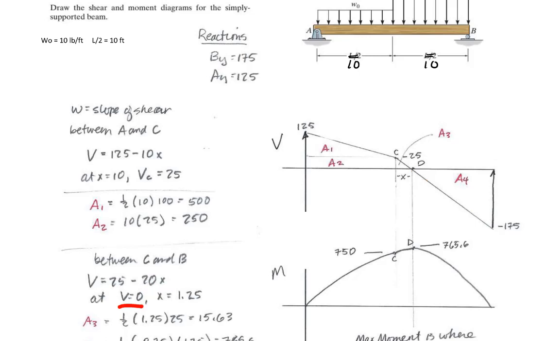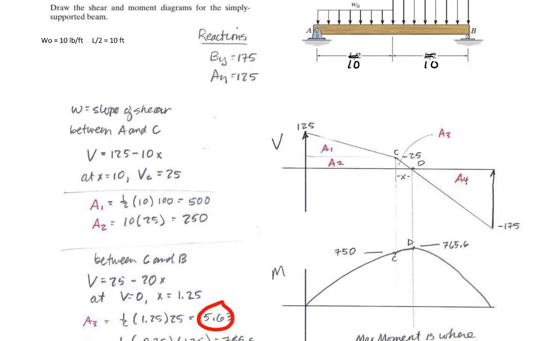So as shear is equal to 0, I solve this equation for x, and I get x is equal to 1.25. So that's where that crosses there. Once I do that, I can start solving for the areas. So this one is 1/2 BH. It is a triangle. That area is going to be 15.63. Then you have to compute this distance here. It would be 10 minus 1.25, so that's 8.75, and then the area here is 1/2 BH and 765.